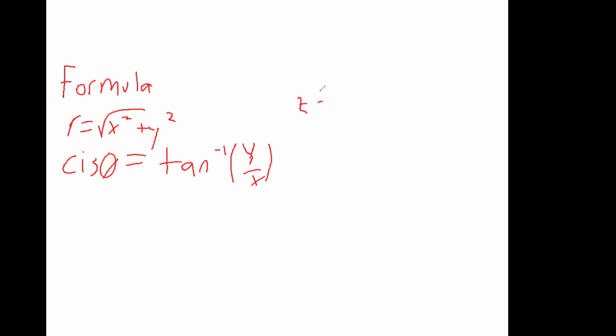So z would be equal to the square root of 8. And then we have the tangent inverse of y over x. For this one, I got pi over 4, and x and y are just a and b, so a is x, b is y. So the 2 would be the x, and the 2 would be the y as well, because it's 2 plus 2i.